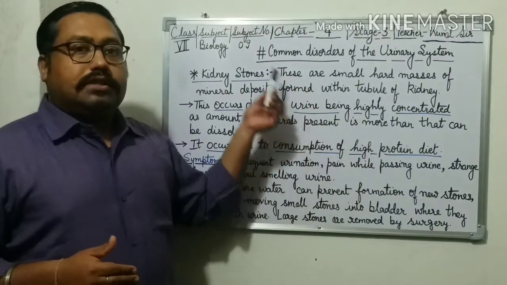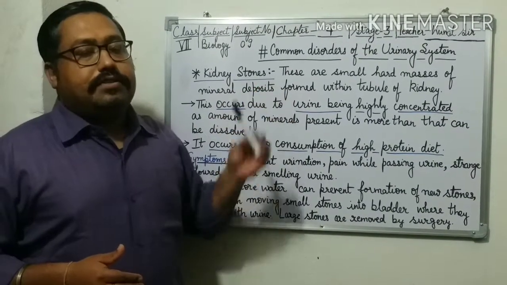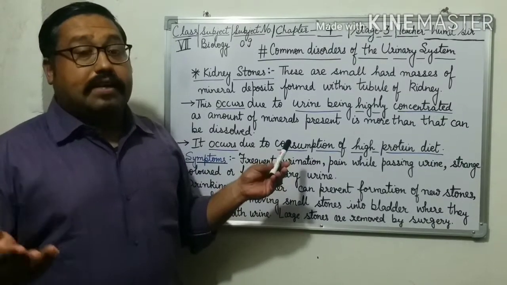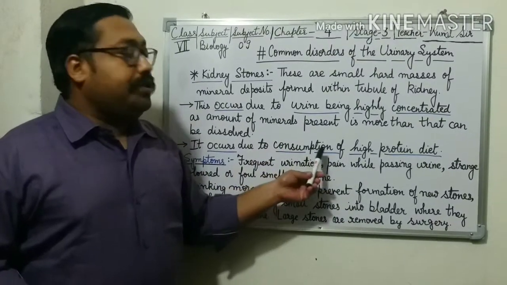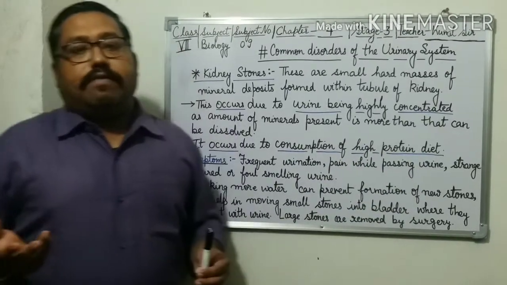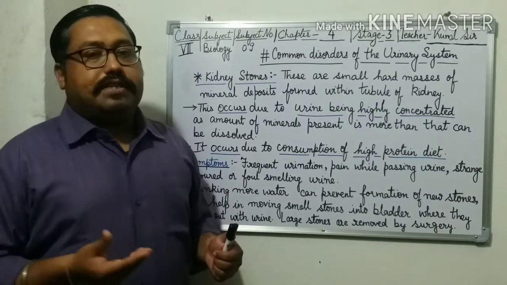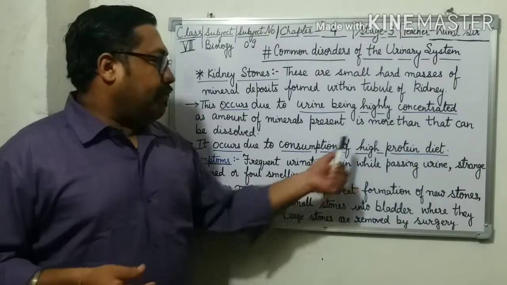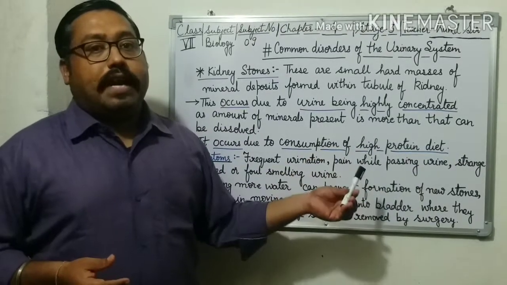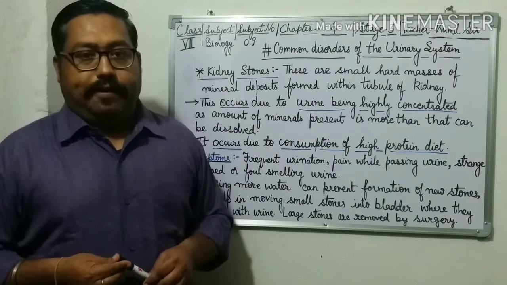Why does it occur? Because of the consumption of a high protein diet. In our diet, we take many nutrients like carbohydrates, fats, vitamins, proteins. So if you take a high protein diet, then the chances of kidney stones are high.